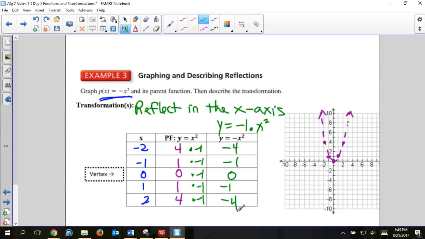Then we go and we graph. We graph our same x's, but our new y's. Same x's, new y's.